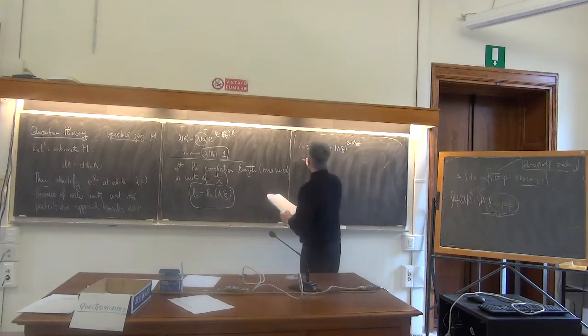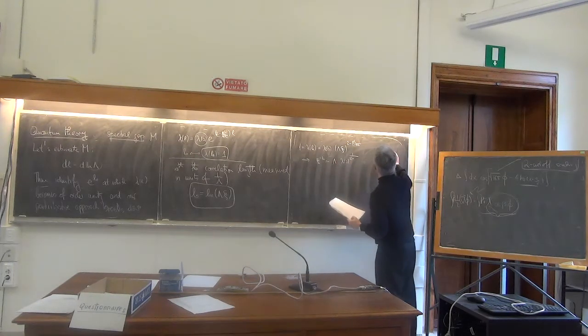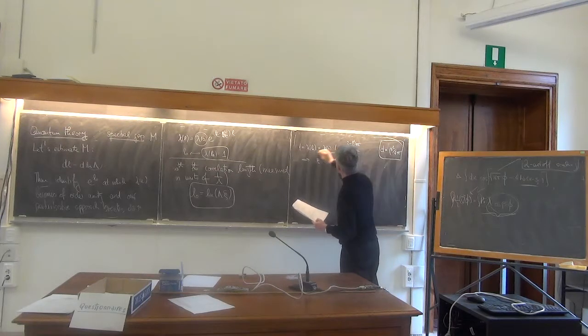And so this tells me that the inverse correlation length goes like the cutoff times the bare coupling to the 1 divided by 2 minus d, if we define d as beta squared over 4 pi, called the scaling dimension of the operator.